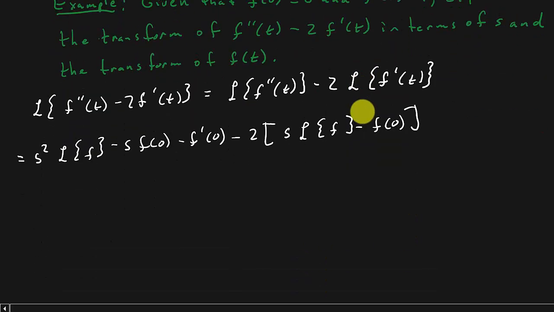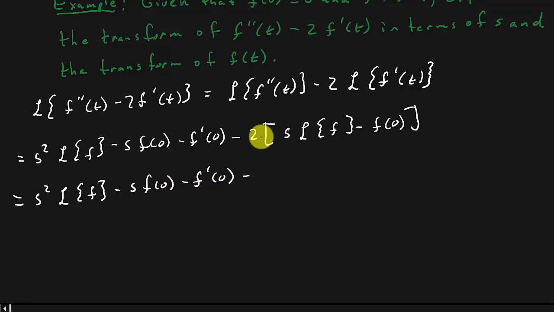And so now we need to simplify this sum. And so that's going to be s squared Laplace transform of f minus s times, let's just go ahead and write it out again, f of 0 minus f prime of 0 minus, and all we're going to do in this one is distribute the negative 2, 2s Laplace transform of f minus 2 times f of 0.